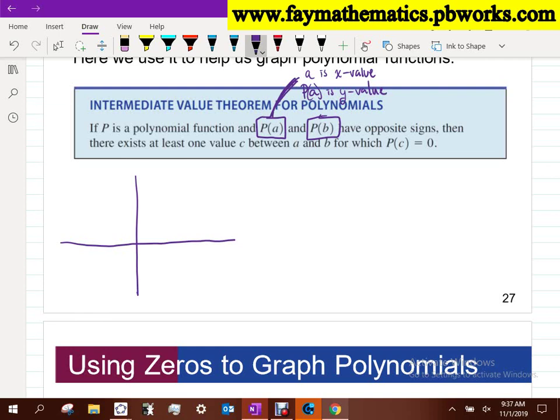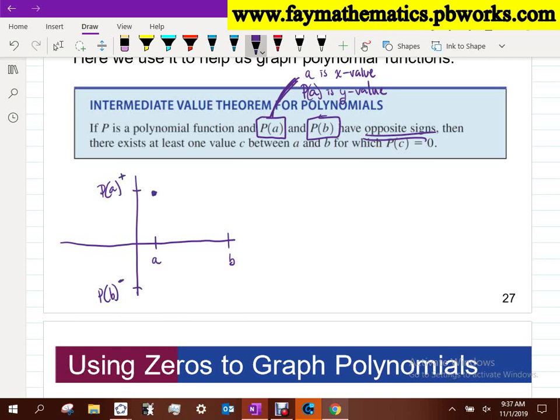So I'm going to say A is right here. And let's say that B is over here. You can put A and B anywhere you want, you guys. It doesn't matter. And it says P of A and P of B have opposite signs. So that means one y value is positive, one y value is negative, right? Doesn't matter which one's which. I'm just going to say P of A has a positive y value, and we'll say P of B has a negative y value.